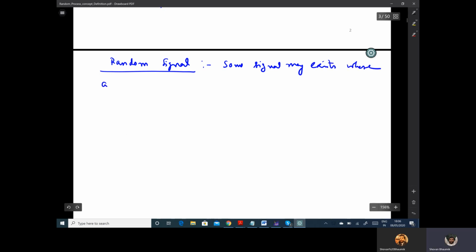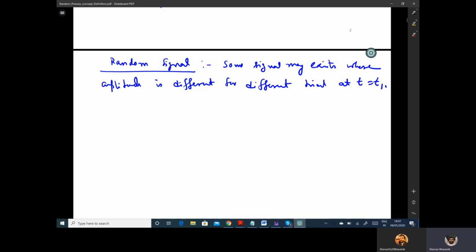Some signal may exist whose amplitude is different for different trials at t equals, say, t1. What does it mean? That means it is not fixed.